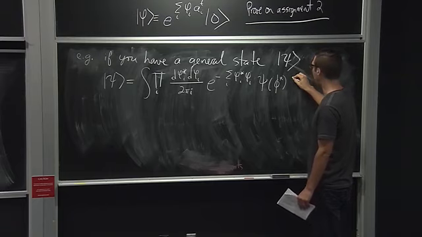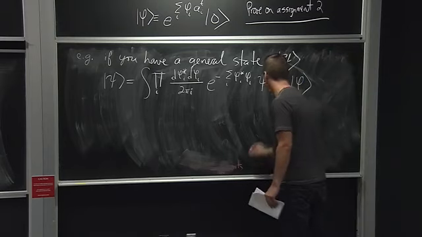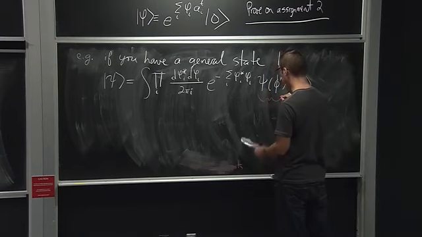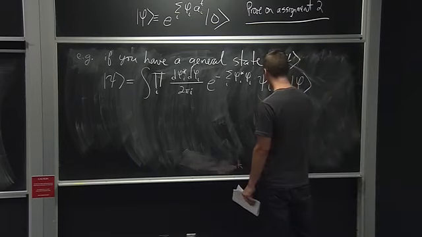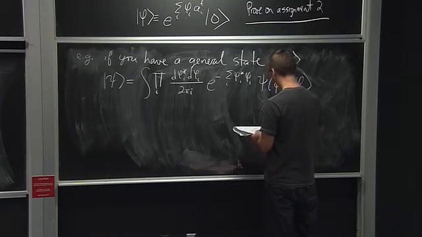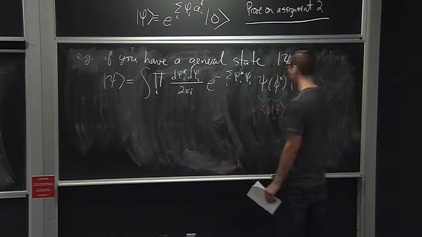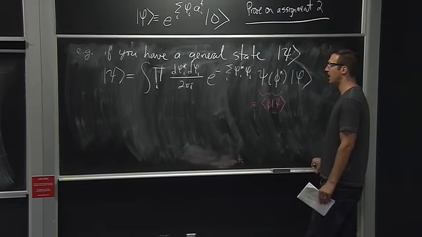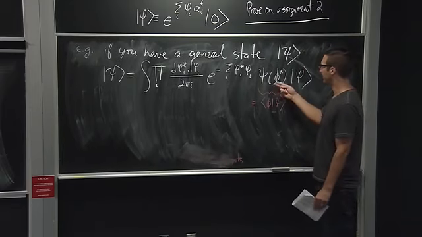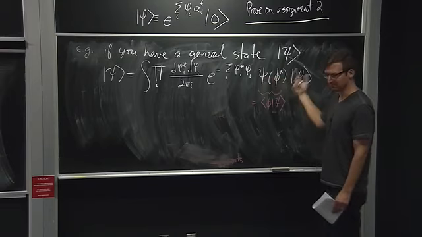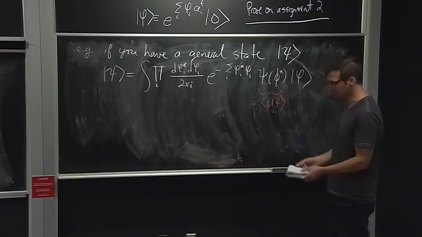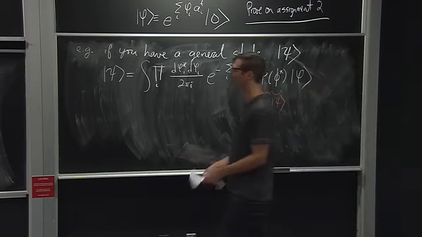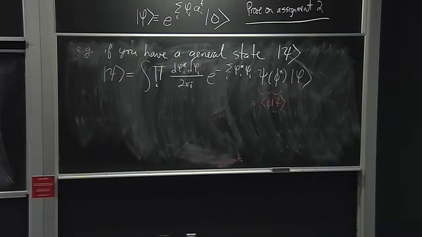And I have one more bra left over, where this thing is just defined. It's the coherent state representation of the wave function, right? So this is just something like, or you could write it as the complex of the wave function. However you want to define this notation. Okay, so all these things follow from this overcompleteness relationship.